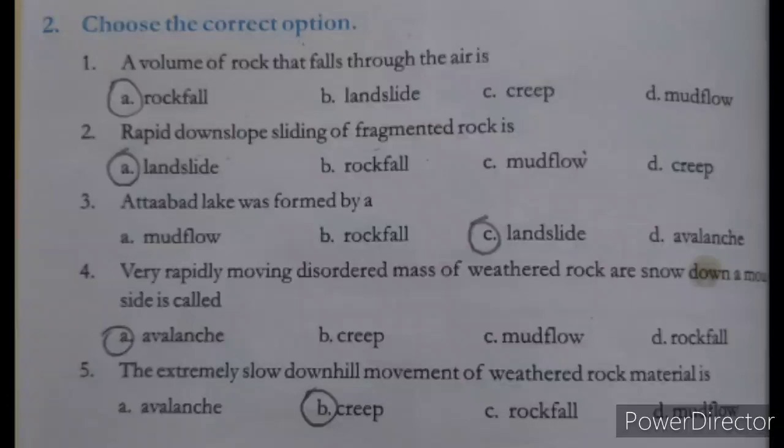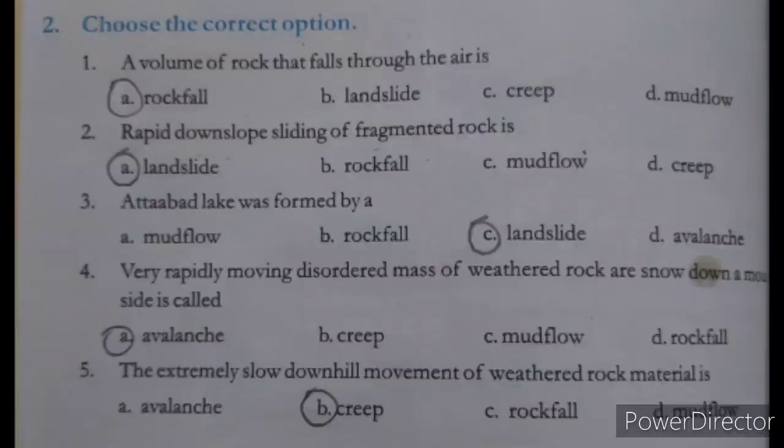Number 4: a very rapidly moving disordered mass of weathered rock or snow down a mountain side is called avalanche, creep, mud flow, rockfall. The correct option is option A, avalanche. A very rapidly moving disordered mass of weathered rock or snow down a mountain side is called avalanche.